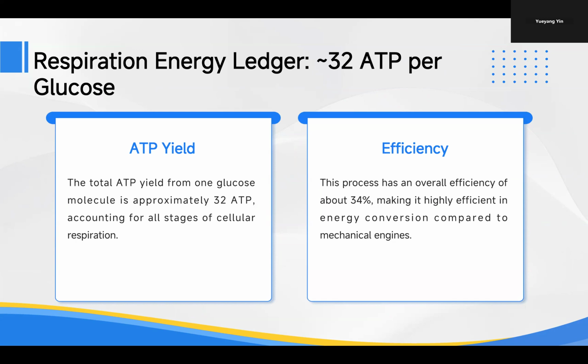The citric acid cycle gives 2 directly plus ATP from its many carriers. The grand total from one glucose is approximately 30 to 32 ATP. This process converts about 34% of the energy in glucose into ATP, a remarkably efficient biological engine.